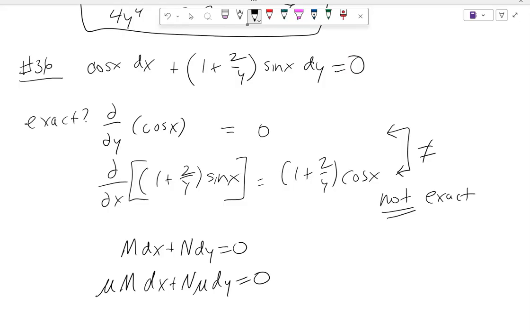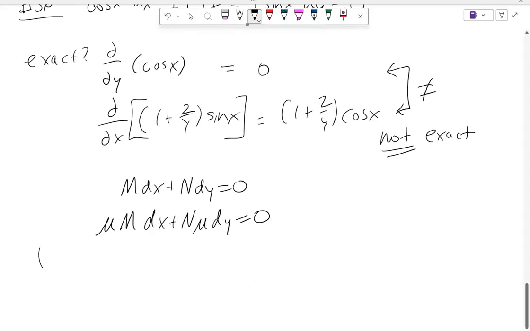All right. The goal, of course, is not to just multiply by some random function. I want a function that makes this exact, right? I now want my partial pieces to match, correct?